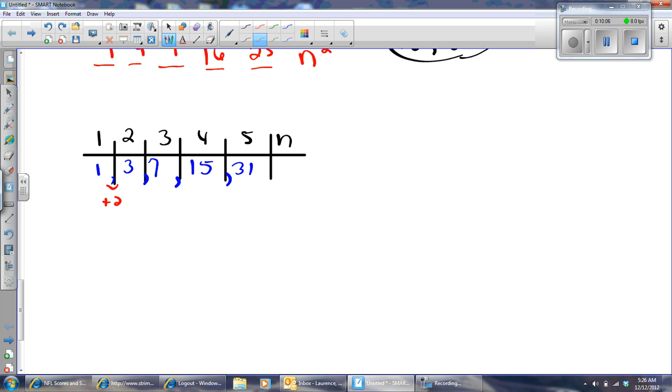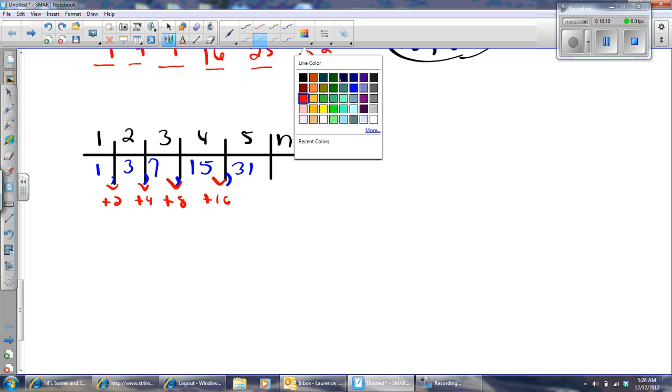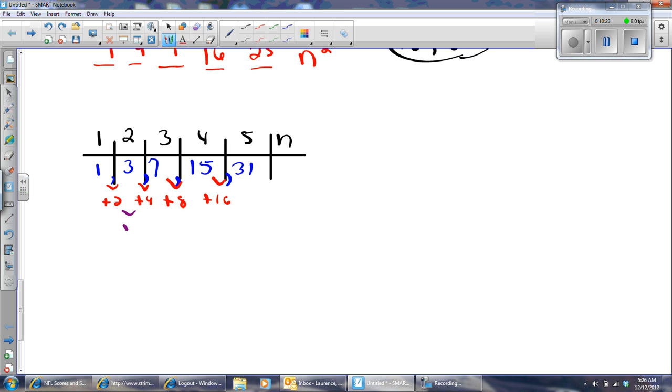Plus 2, plus 4, plus 8, plus 16. They don't match. But I do notice, look, they're being multiplied by 2. Isn't this times 2? And this is times 2? And this is times 2, right?